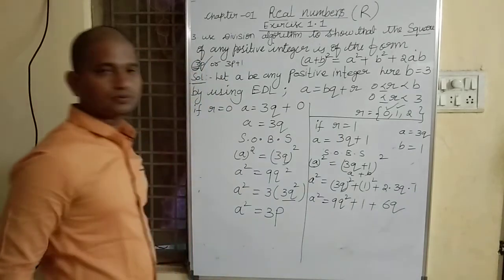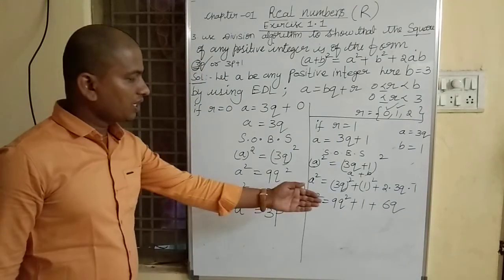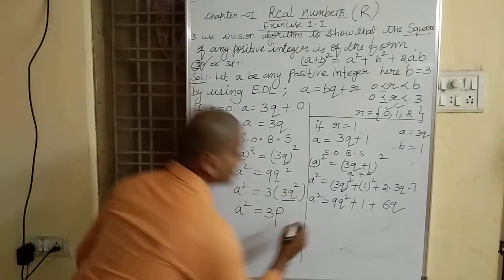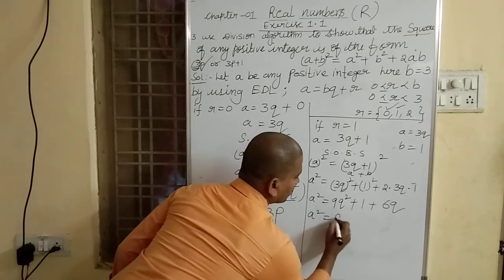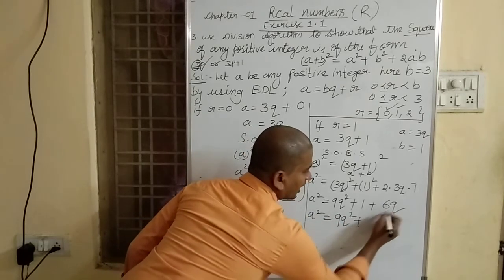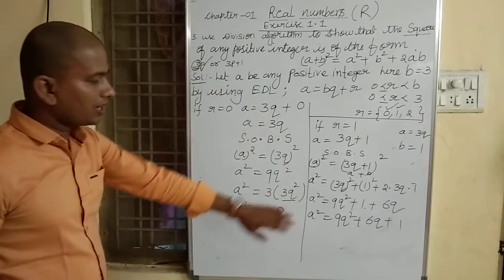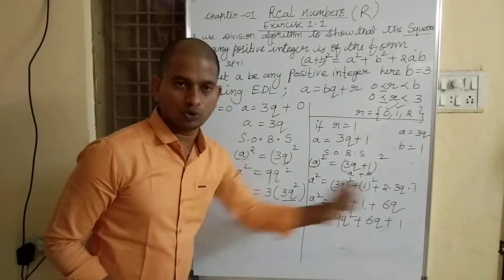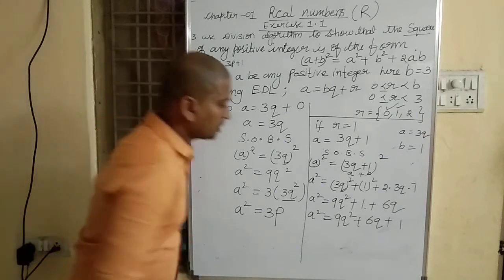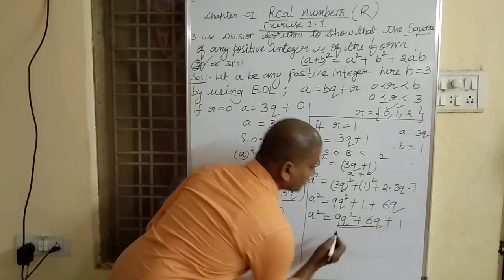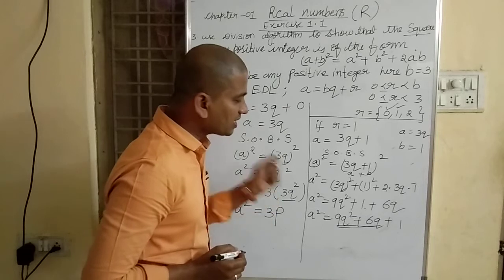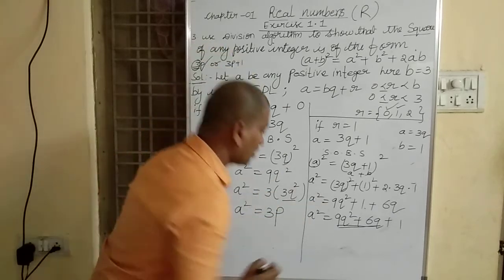Okay, let me rearrange the terms. First, let me write it as 9q square, then 6q, then 1. I rearranged the terms in standard form. If you observe here, from these two terms, 9q square plus 6q, I can take 3 as common.